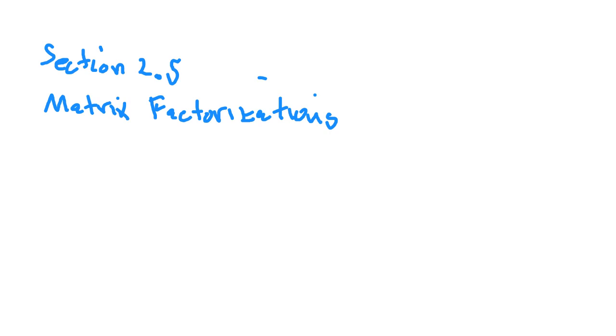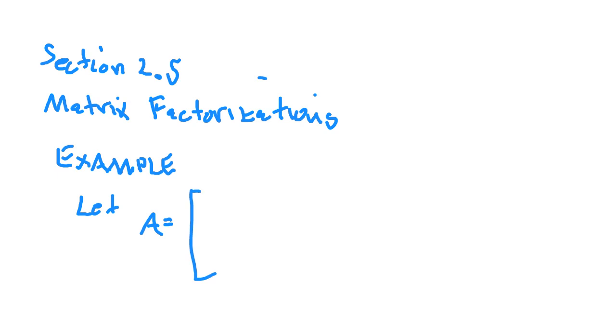Example: let the matrix A equal, I'm going to give you a 4 by 4 matrix here. First row is 3, -7, -2, and 2.